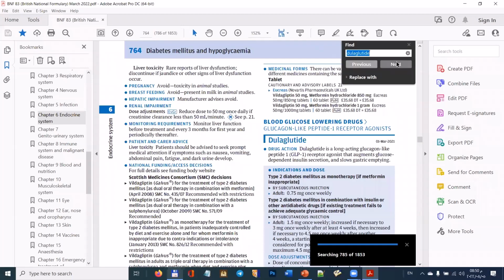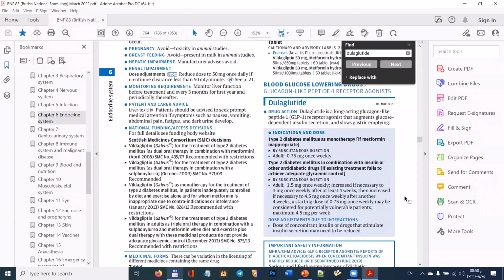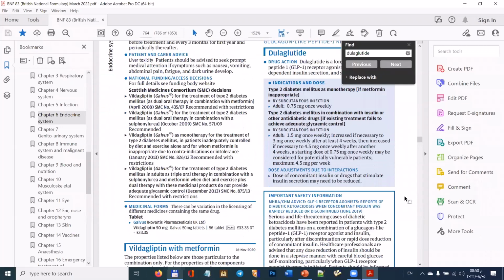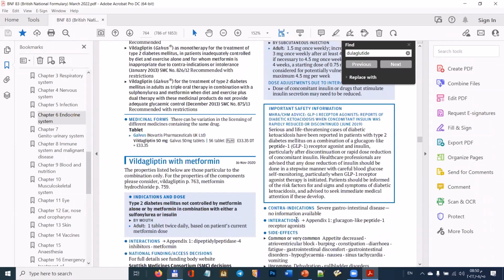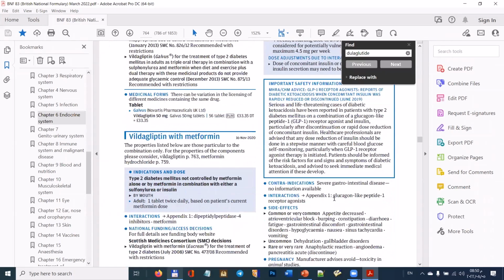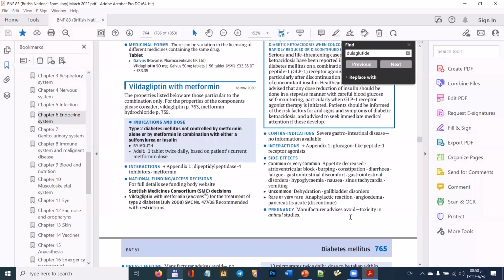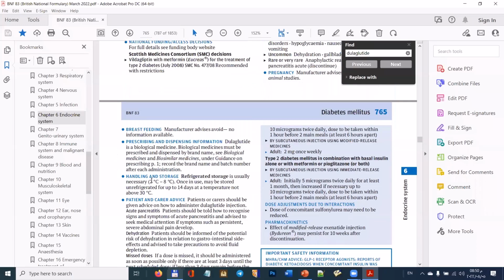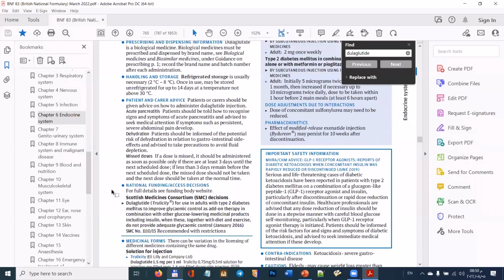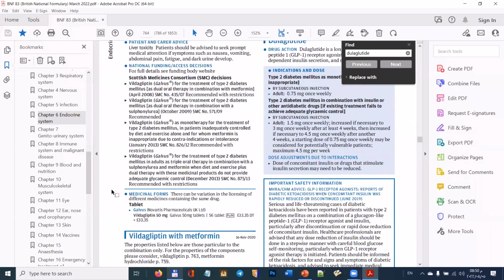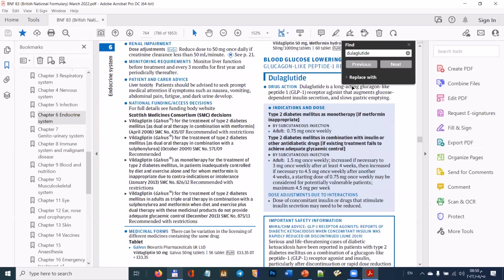This is from BNF. Important safety: serious life-threatening diabetic ketoacidosis, and actually this is pregnancy, patient care. I can search here for cancer.